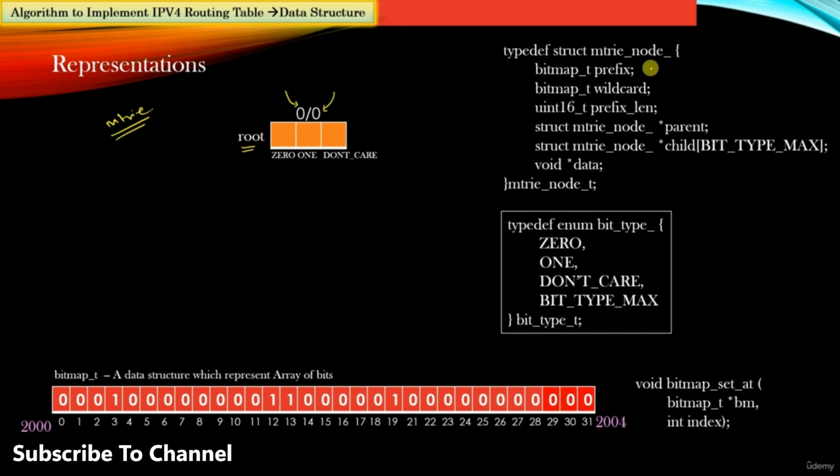It means that this particular bitmap will contain all zeros, and the wildcard also contains all zeros. The prefix len will be 0, the pointer to the parent will be null, and to initialize, in the beginning when the tree is entirely empty, all the child nodes would point to null.